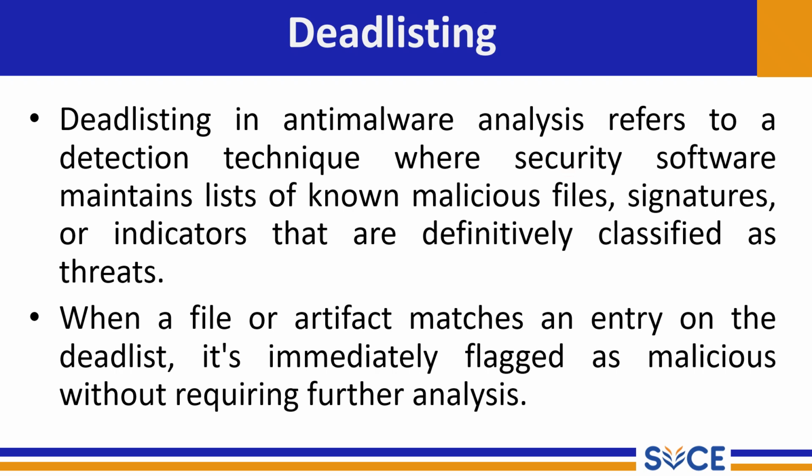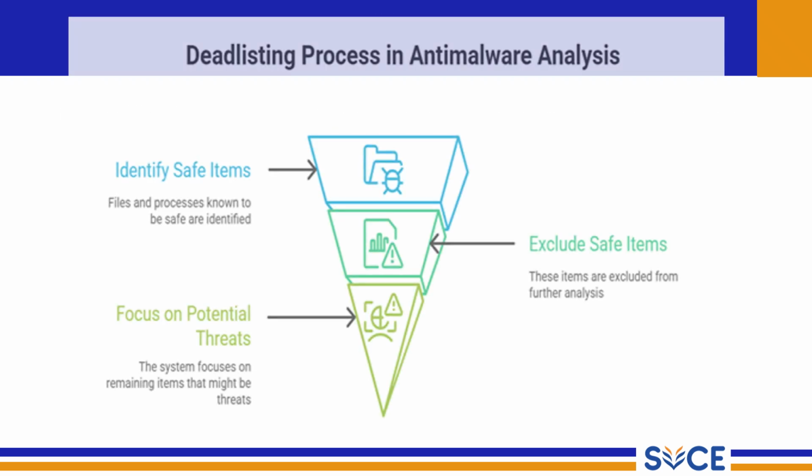And next is the deadlisting process in anti-malware analysis. Here you have many steps involved. The first step is to identify the safe items or files and processes known to be safe.